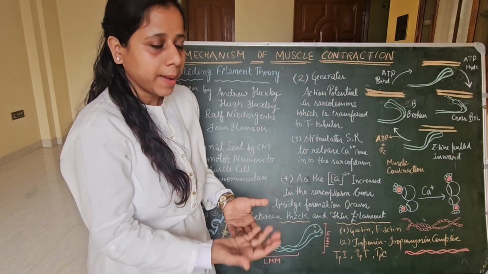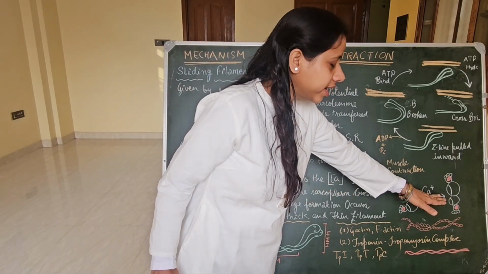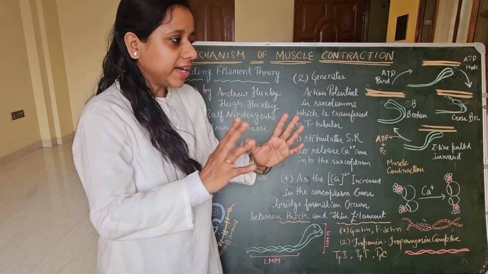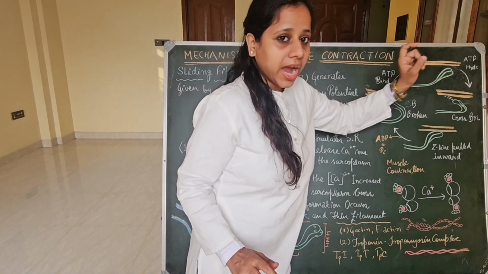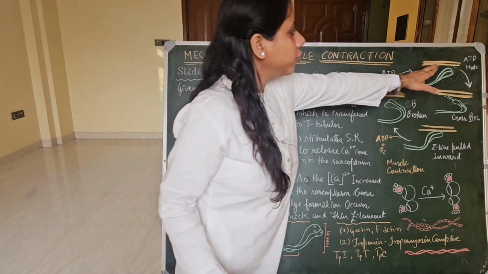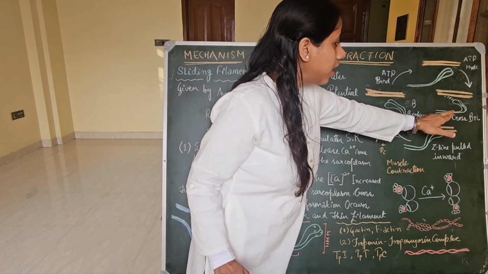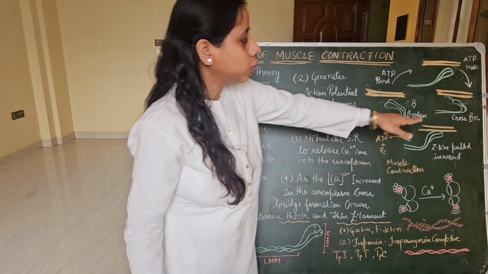How is it going to happen? Firstly, we have understood how the calcium ion is increasing and the myosin binding site is getting unmasked. Now ATP hydrolysis occurs, the ATP breaks down, and utilizing the energy, the myosin binds to the actin filament and forms a cross bridge.